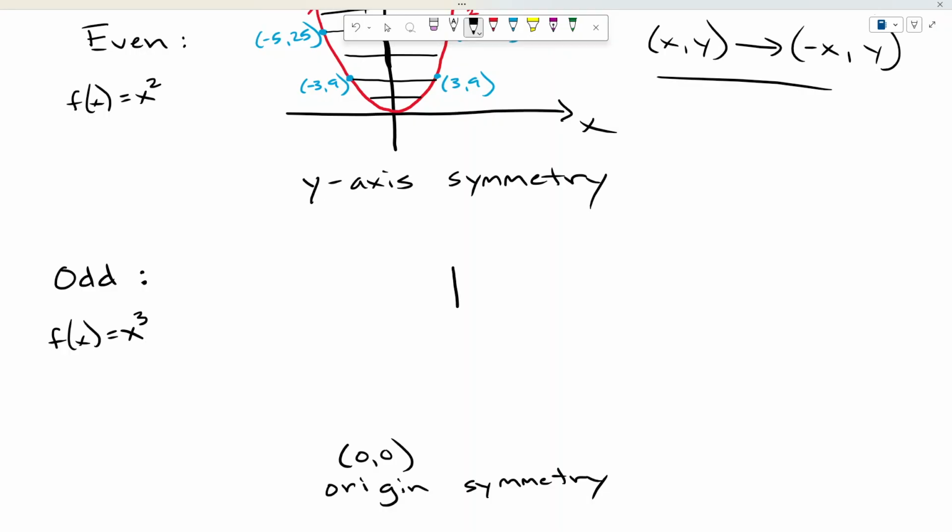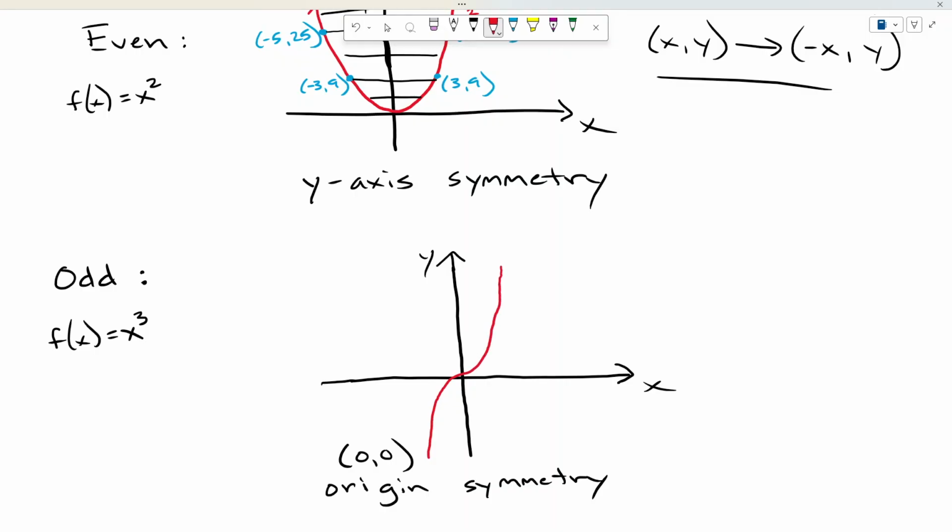So if we draw x cubed, so that one looks something like that. Close. So this is x cubed.